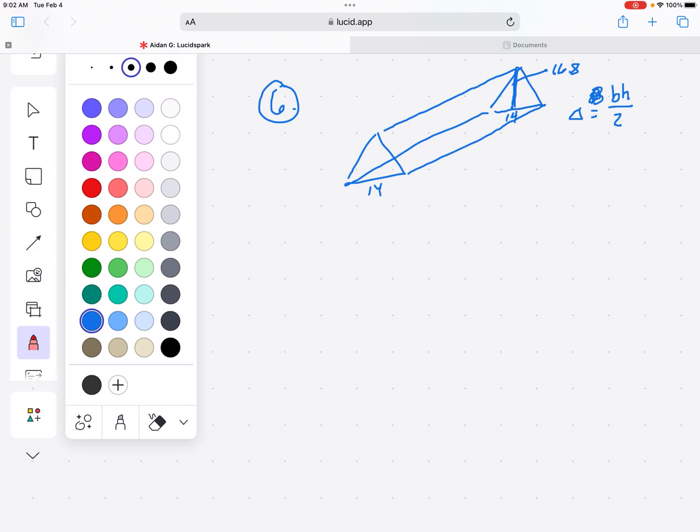And on here, our height is 74, because if we put this where the base is on bottom and top, the height of the figure would be 74. So we need to make sure we always remember that.